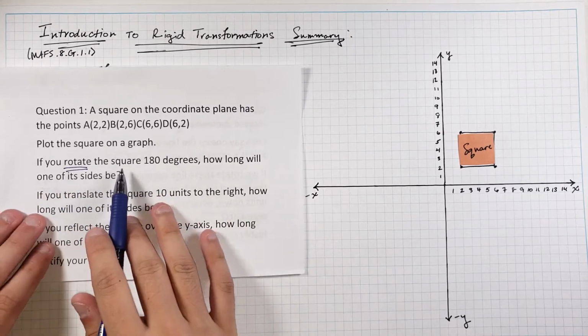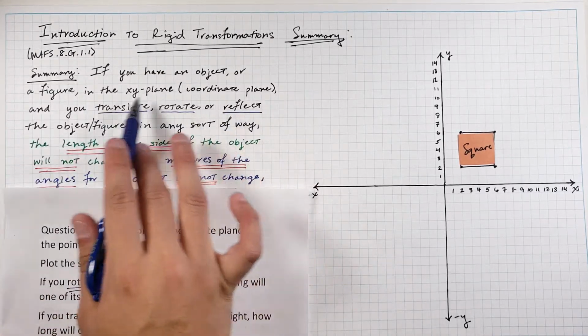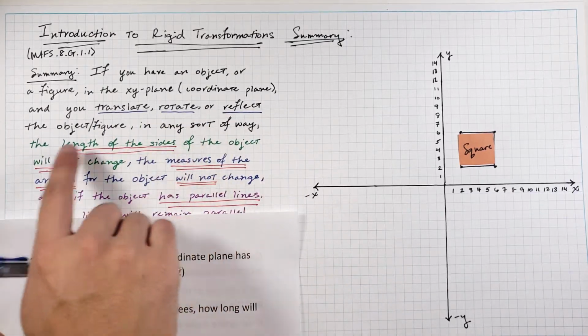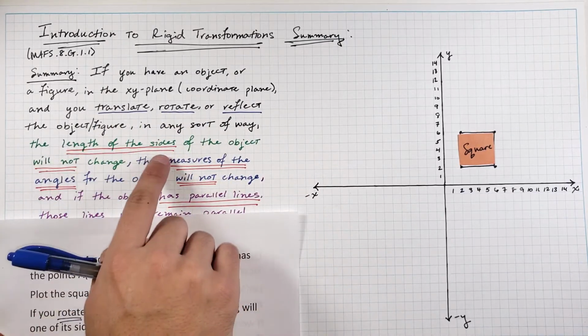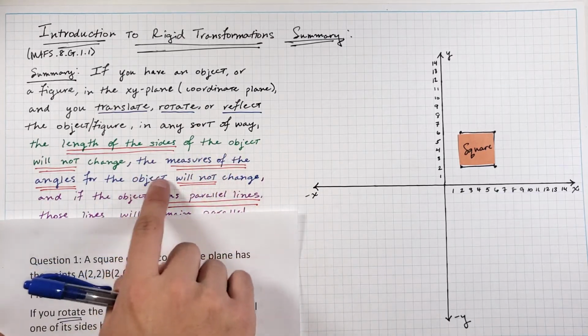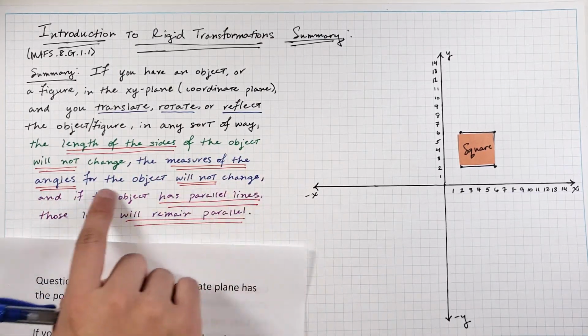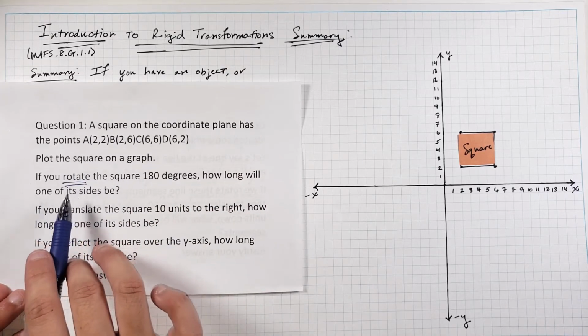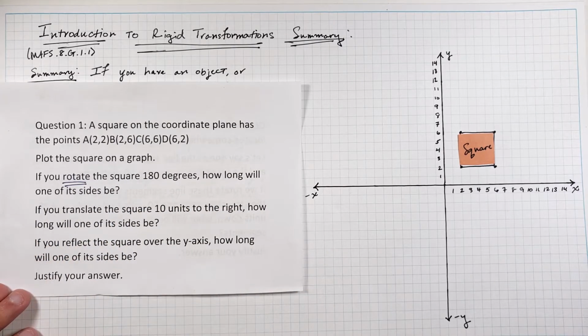Rotations are one of our rigid transformations. It's one of the transformations that doesn't do anything to the length of the sides. It doesn't do anything to the measure of the angles. It doesn't do anything to the parallel lines. So it says, if you rotate the square 180 degrees, how long will one of its sides be?